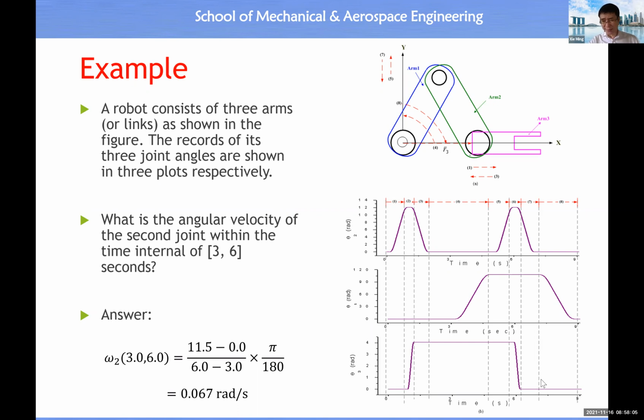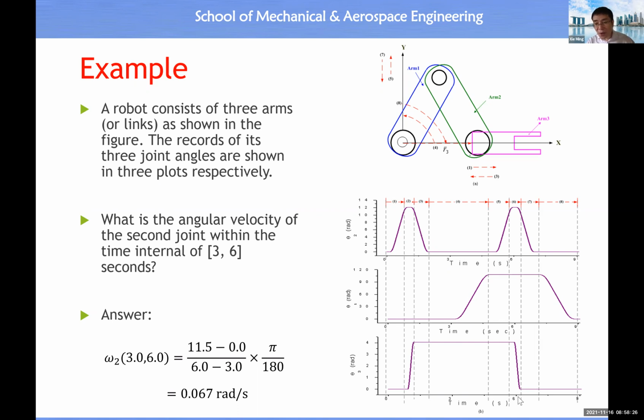So these are the motion graphs for position. Now we want to know, within this time interval, what will be the average angular velocity? So the time interval is 3 to 6.